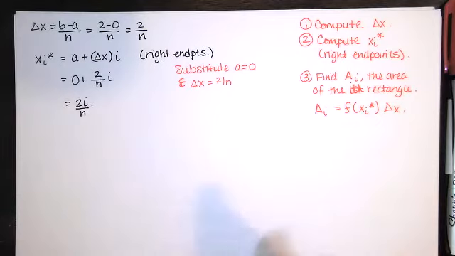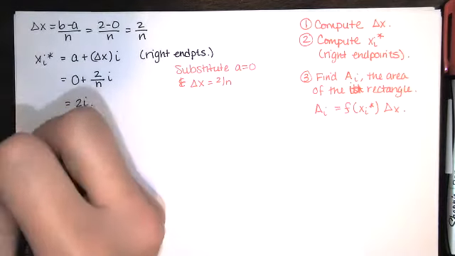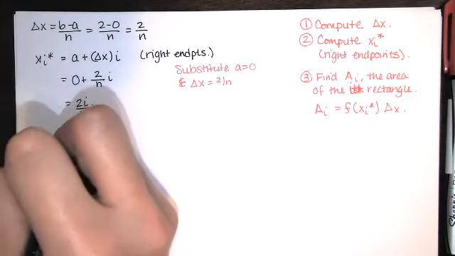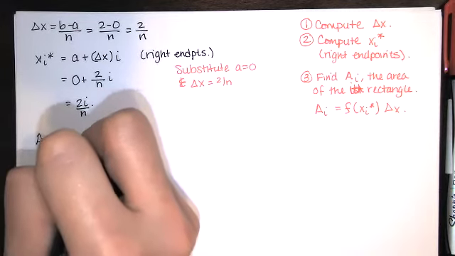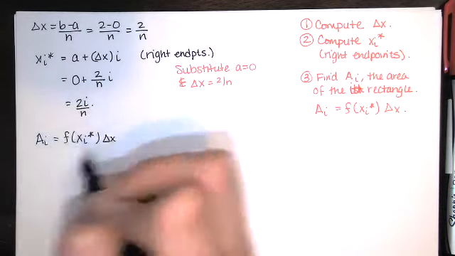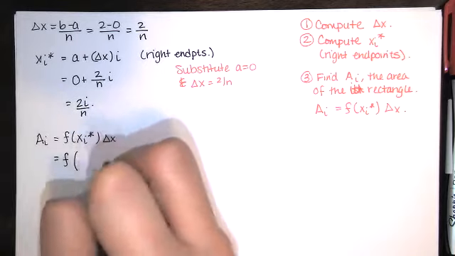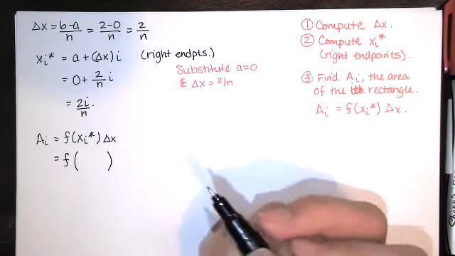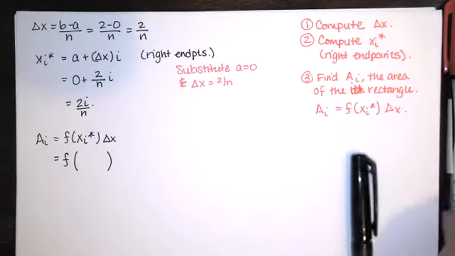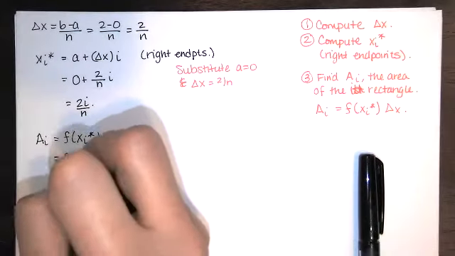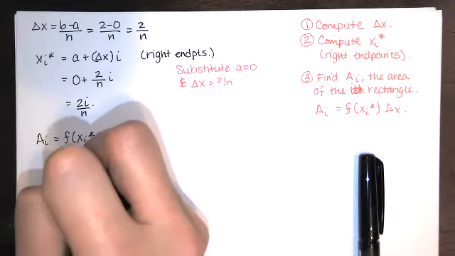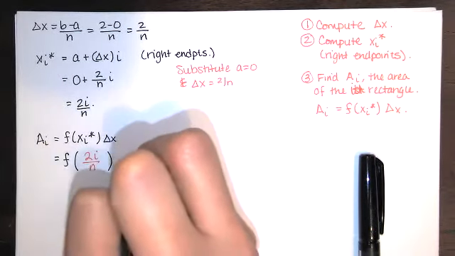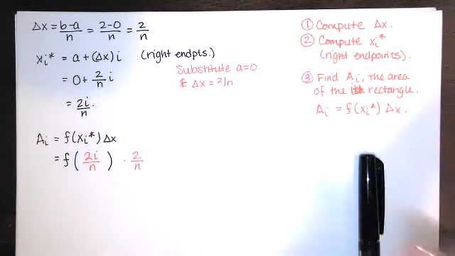Okay? And now we want the area of one of those rectangles. So that's f evaluated at x sub i star times delta x. And x sub i star is 2i over n, and delta x this time is 2 over n.